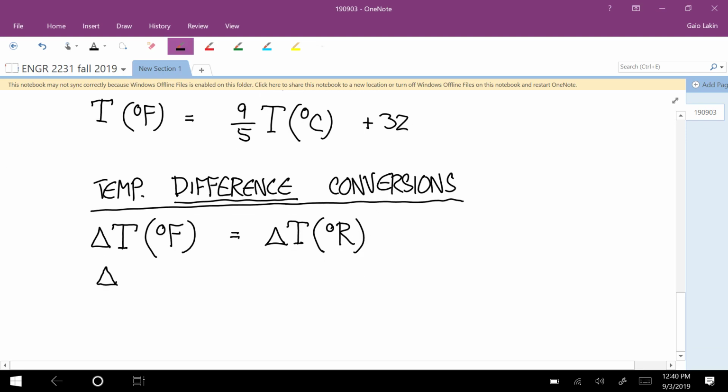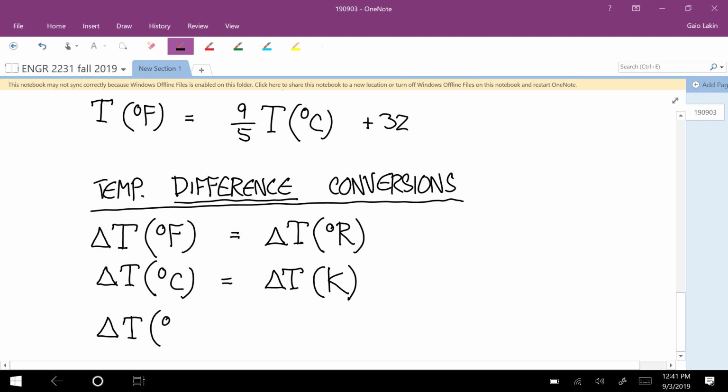The change in temperature in degrees Celsius is the same as the change in temperature in Kelvin. And the change in temperature in Fahrenheit is 9/5 the change in temperature in degrees Celsius. Okay.